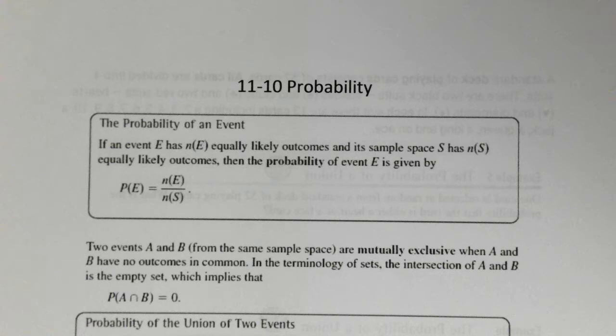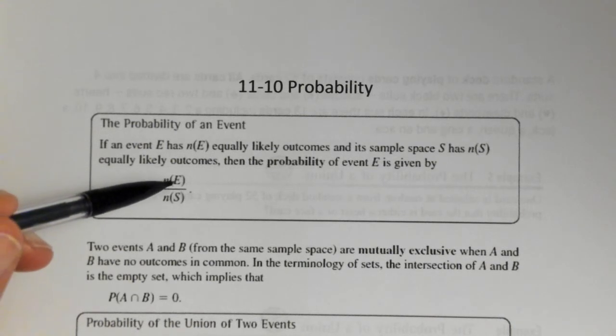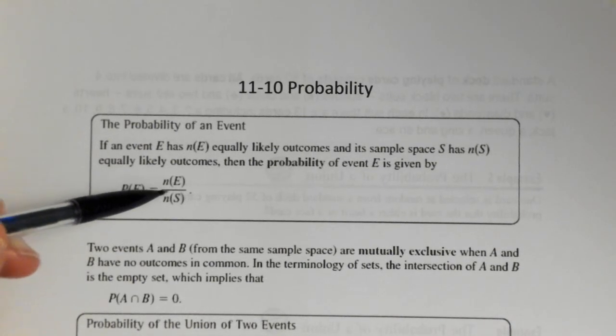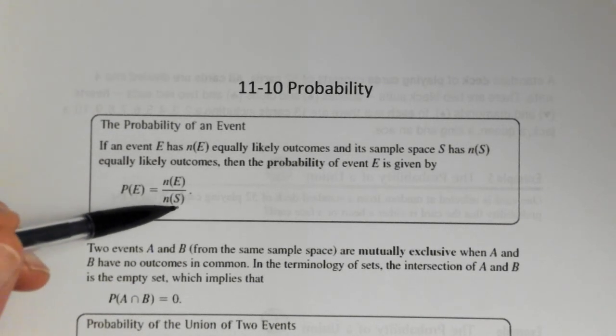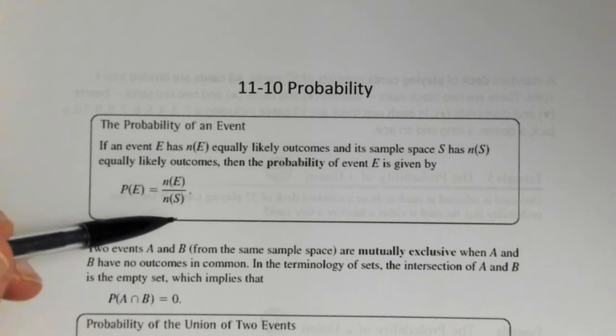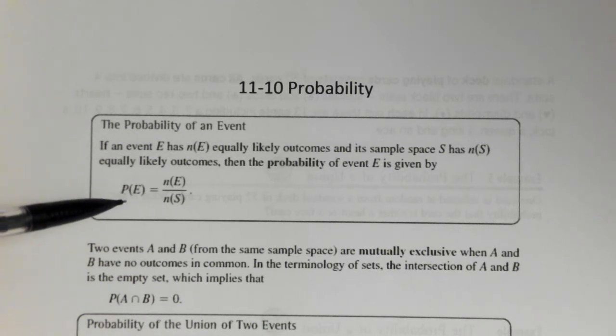Alright, so the probability that something happens is given by this equation. The probability of an event occurring is equal to the number of outcomes for that event divided by the number of outcomes in the sample space, or the total number of possible outcomes. So you can think of probability as a fraction.